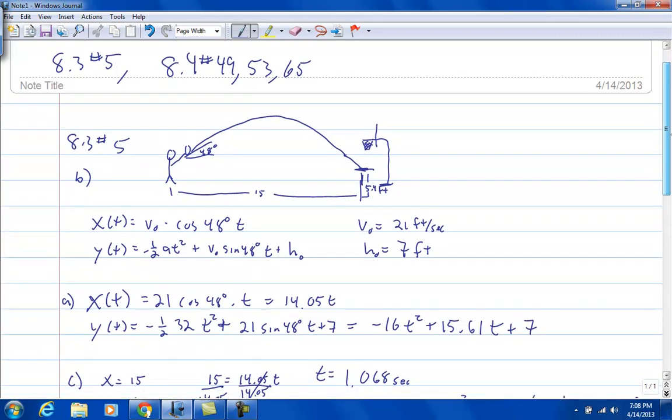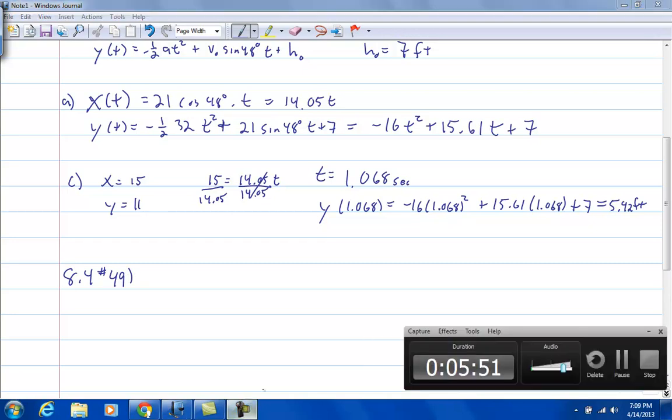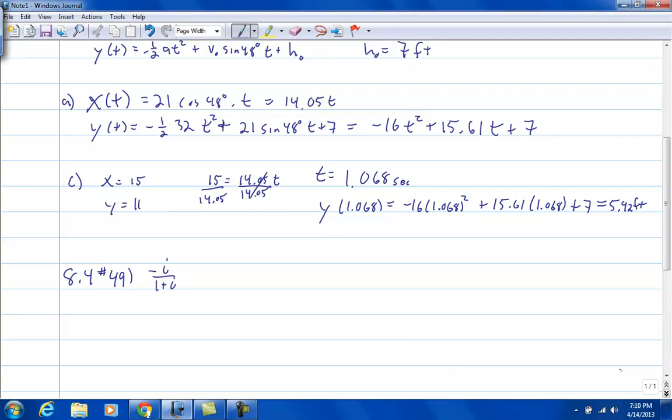Now we have 8.4 number 49. Okay, for this one, we're using that z1 is going to be the magnitude of z1 times cosine of theta 1 plus i sine of theta 1.